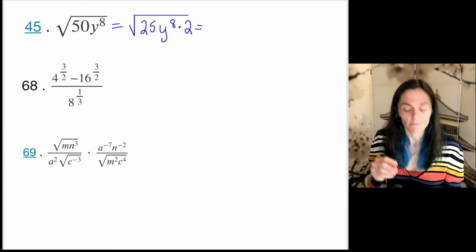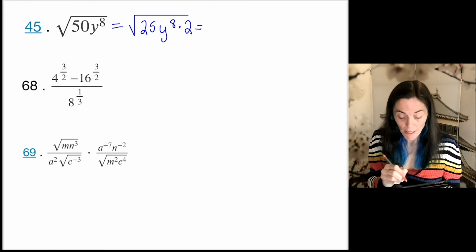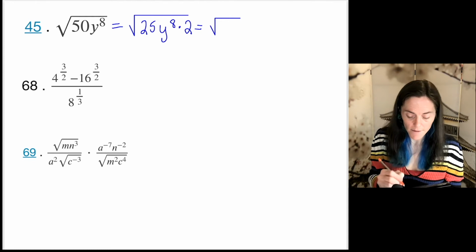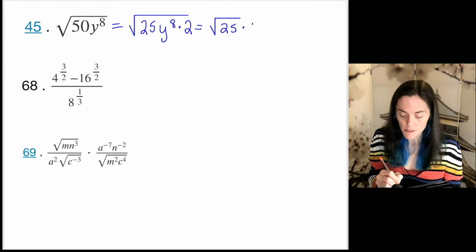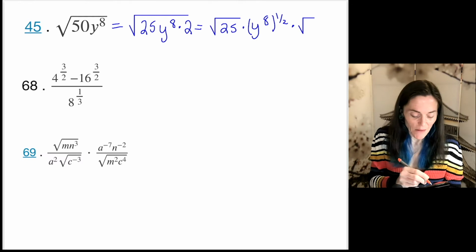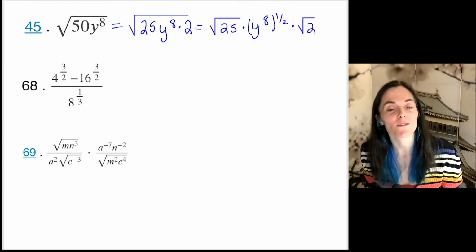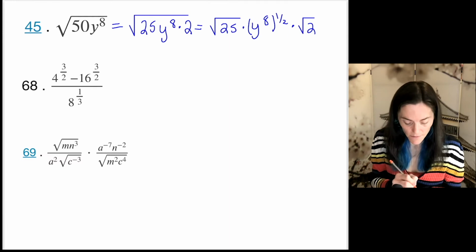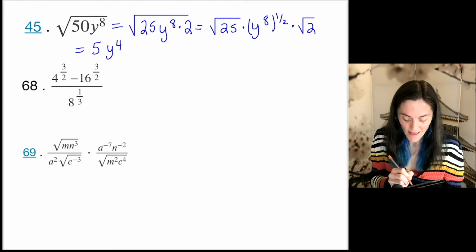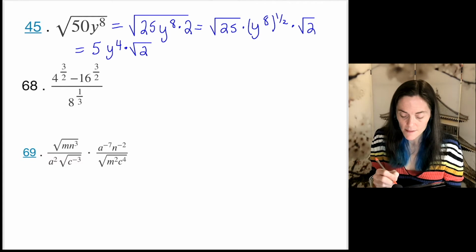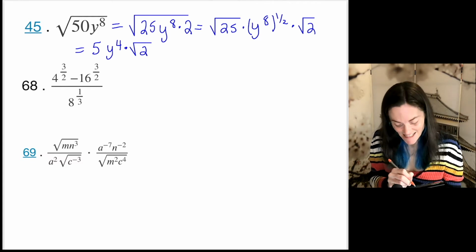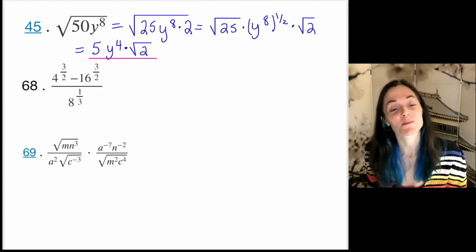So when I take the square root of this, we can do this as the square root of 25 times, say, y to the 8 raised to the 1/2 power, and then times the square root of 2. And the reason I did this is because the square root of 25 is an integer. In fact, it's 5. So that's my next step. This is 5. This is y to the 4th. And then we have this times the square root of 2. And this is as simple as we can make it. The square root of 2 is not an integer, so we just leave it like this. This was 45.